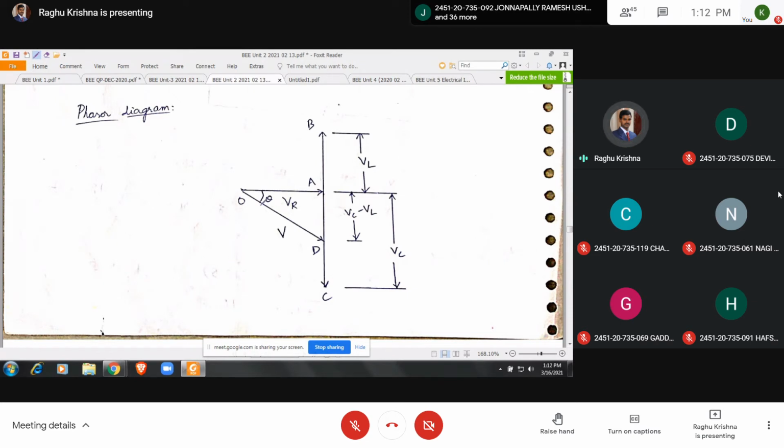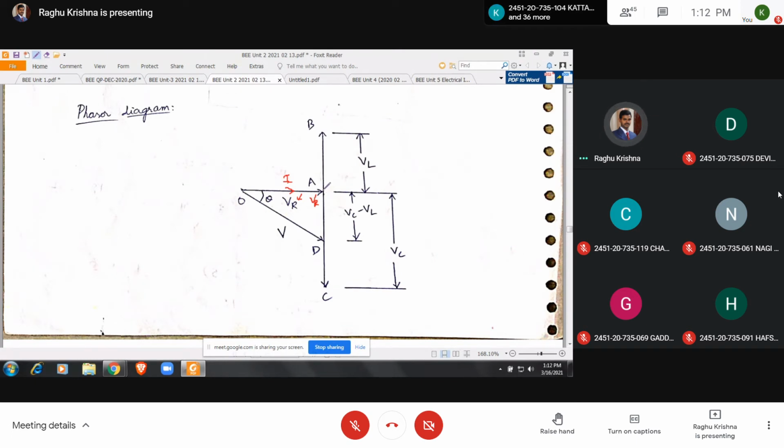Here this OA is VR, the phasor VR. Now a current has to be taken here, I. This is the phasor I, and this is the phasor VR.